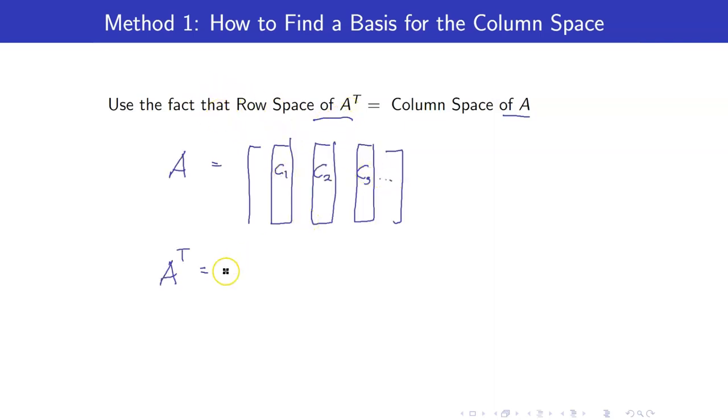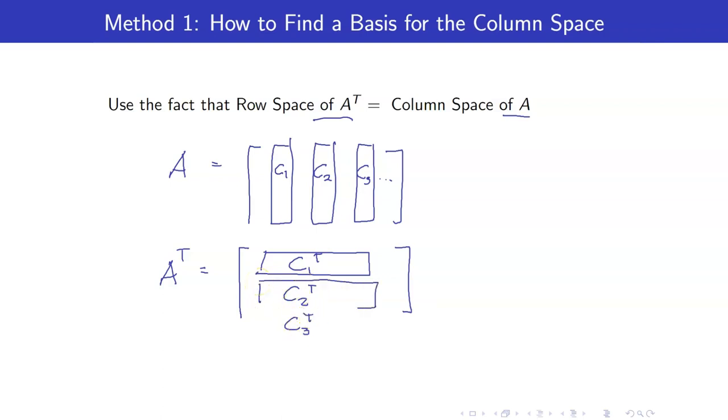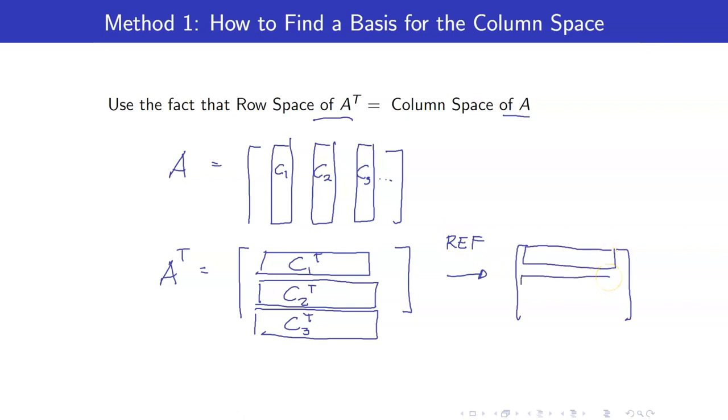So this column here, when we look at A transpose, it will be C1 transpose, C2 transpose, and C3 transpose. If we get its row echelon form, the rows that we will obtain here will form a basis for the row space of A transpose.